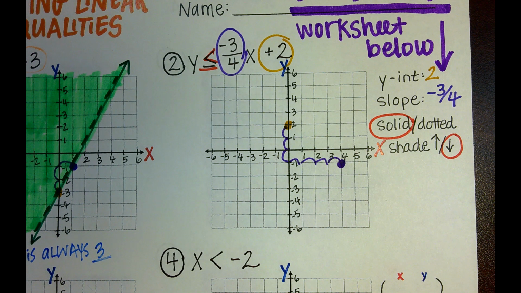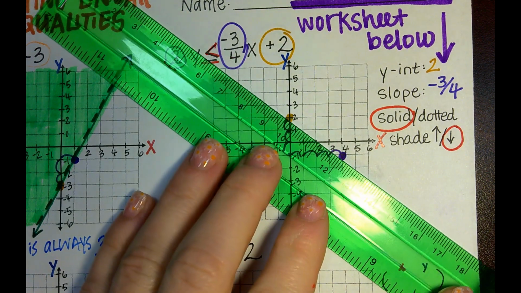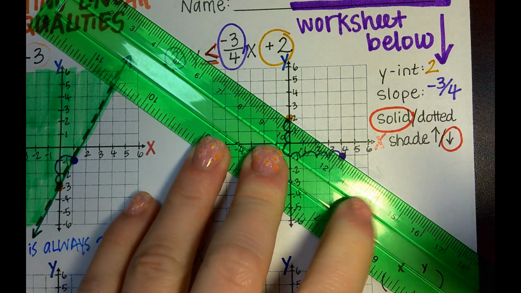And do I have a solid line or a dotted line? Solid. Good. And on this one, we shade down. So I'm going to connect my dots.